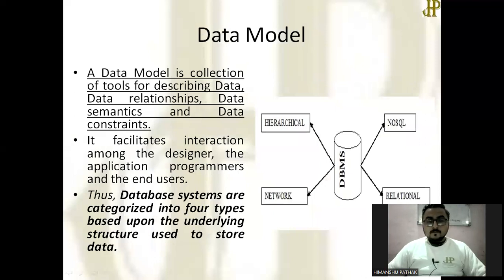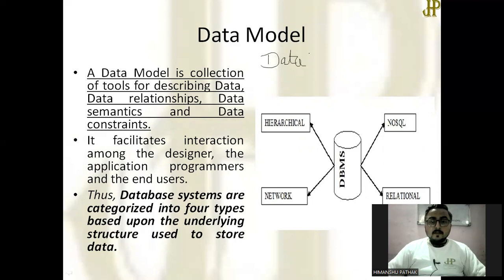So a data model is a collection of tools for describing data, data relationship, data semantics, and data constraints. So four things are to be considered for data model. First one is data, the data itself.